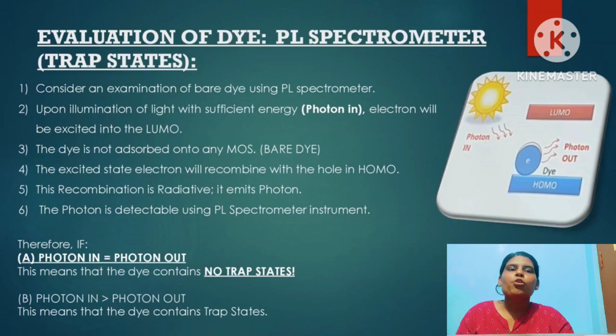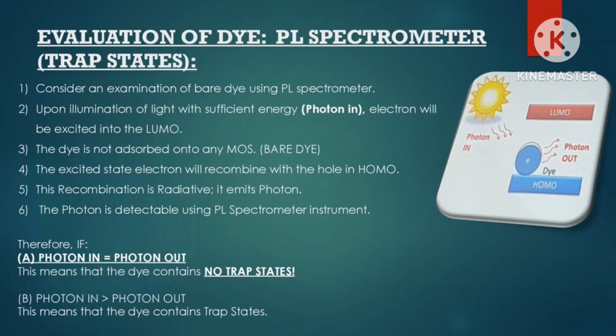This electron-hole recombination is a radiative process, and we'll see a peak in the PL spectrometer, in which we can compare: if the photon in value is equal to photon out, the dye does not contain any trap states. But if the photon in value is greater than the photon out, we can absolutely say that there are trap states present in the dye.